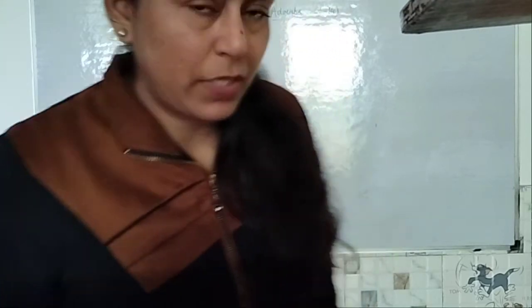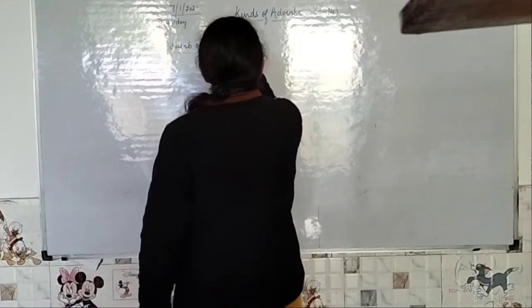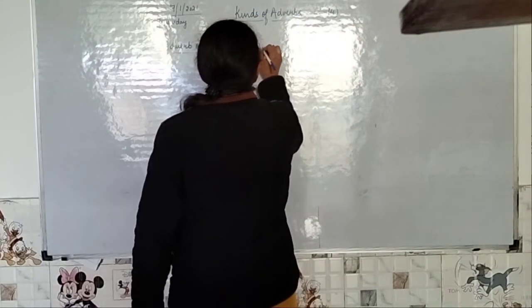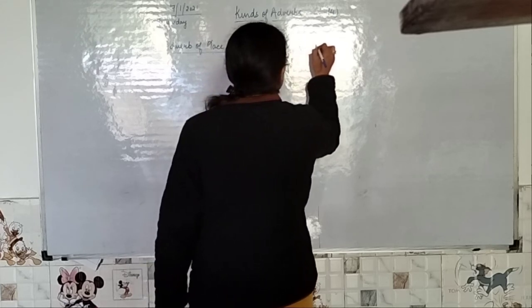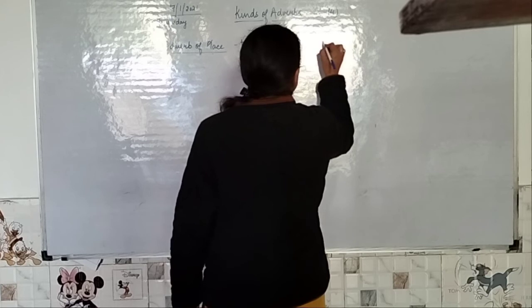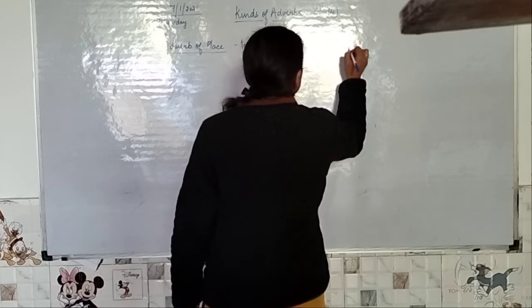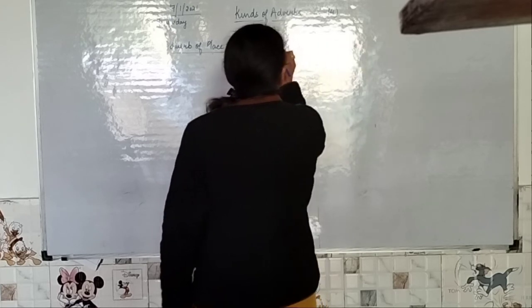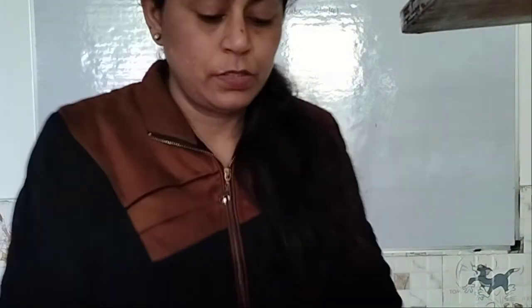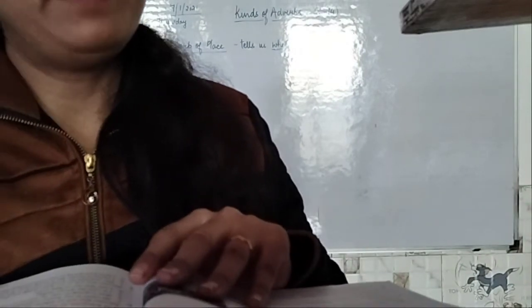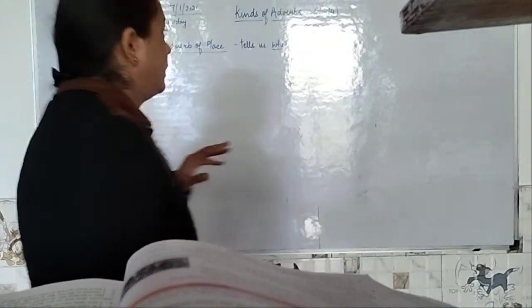So adverbs of place tell us where something happened. It tells about the where. ठीक है? So they are usually placed after the main verb.